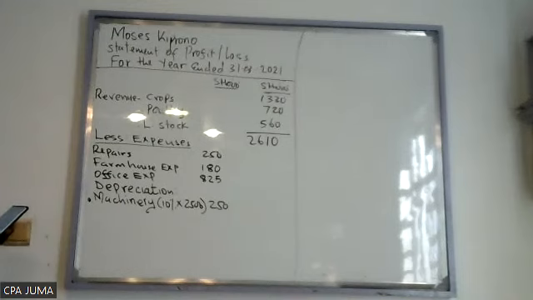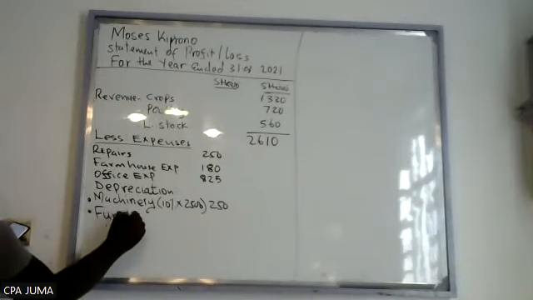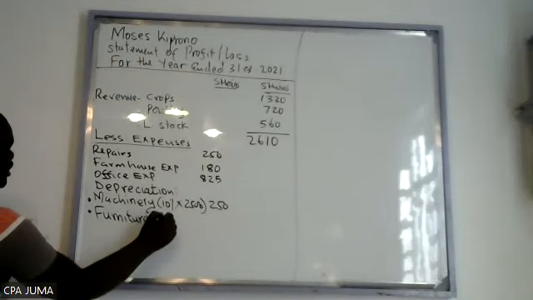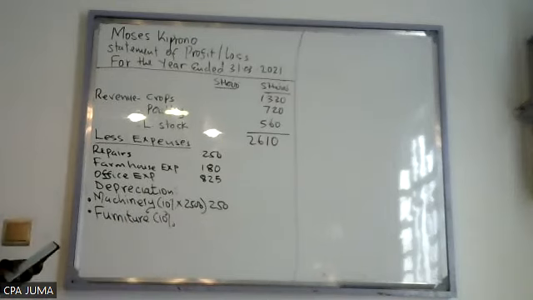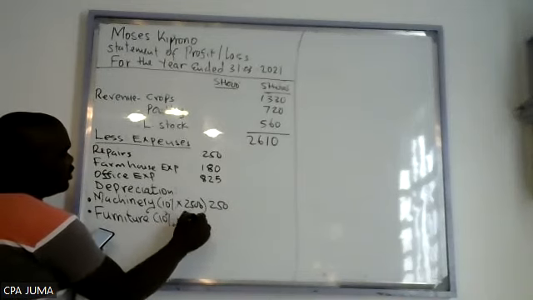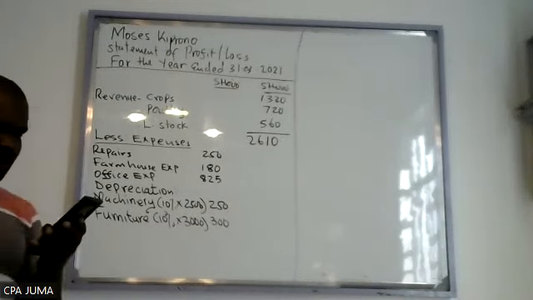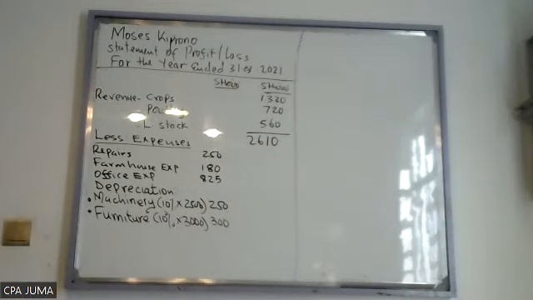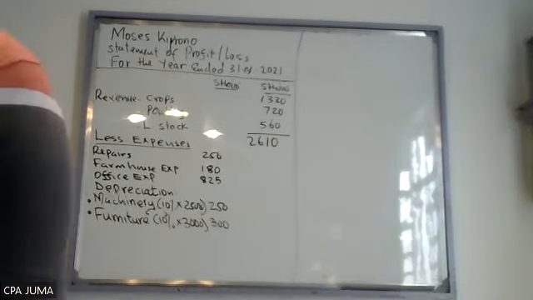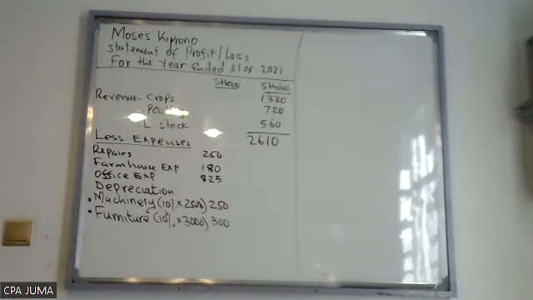Then furniture, which initially cost 3, is depreciated at 10%. So furniture, 10%. We are not depreciating the entire furniture. We are only depreciating the one which had a value of 3 million. So that is 300. That is the one they want us to depreciate. I'm not seeing anything else.